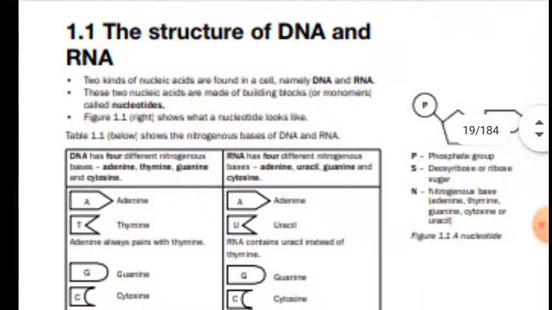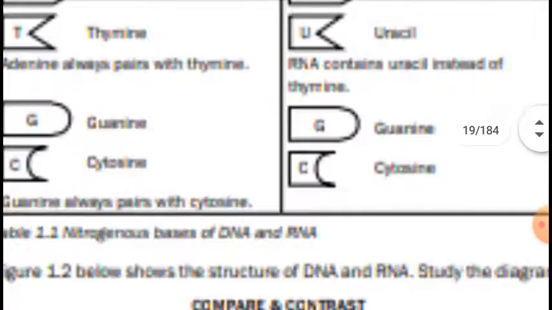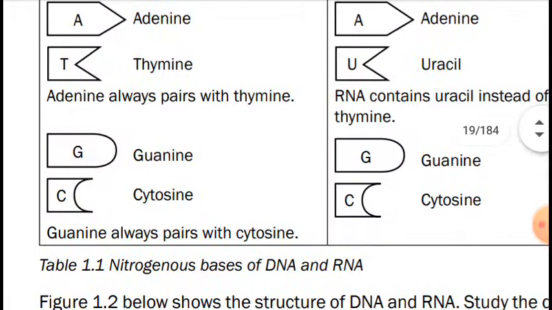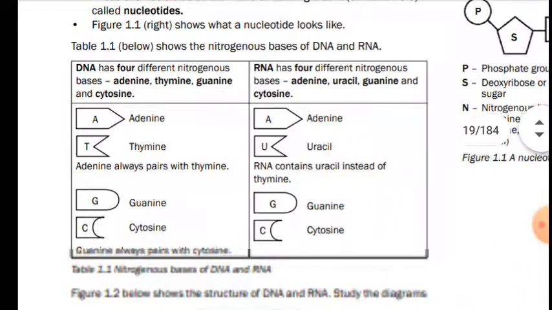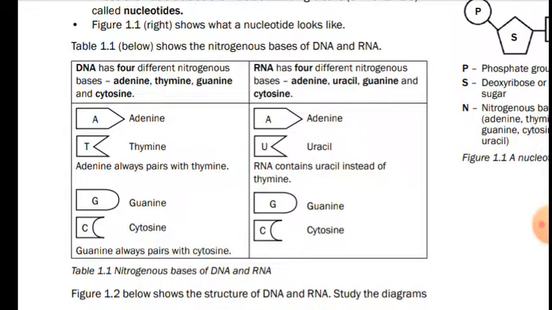Also, guanine pairs with cytosine, always. You have to master all these in this table so that you'll be able to differentiate between these two, DNA and RNA. As you can see there, adenine always pairs with uracil on the RNA.